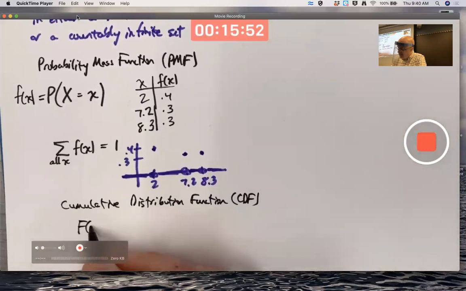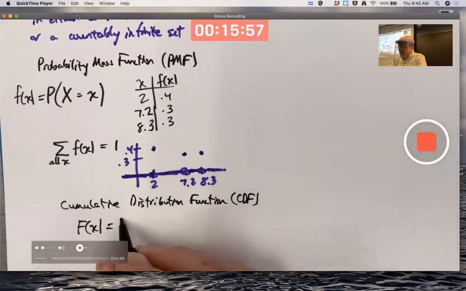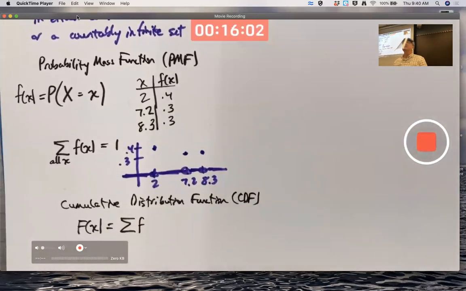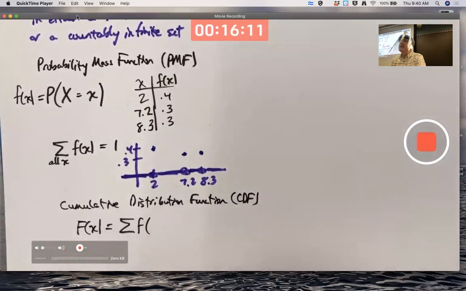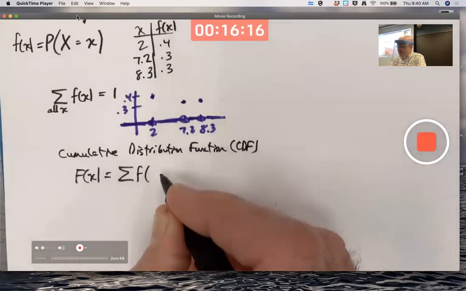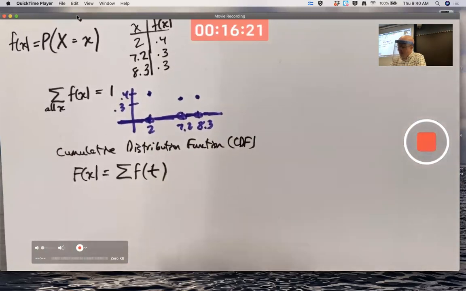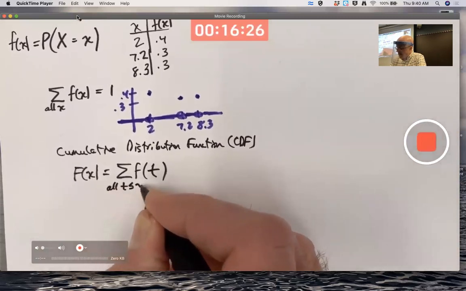Capital F of little x is the sum of the values of little f for all inputs up to and including little x. Technically speaking, I should use some other letter here for the input of little f. Oh, how about a t? You could say for all t less than or equal to little x.